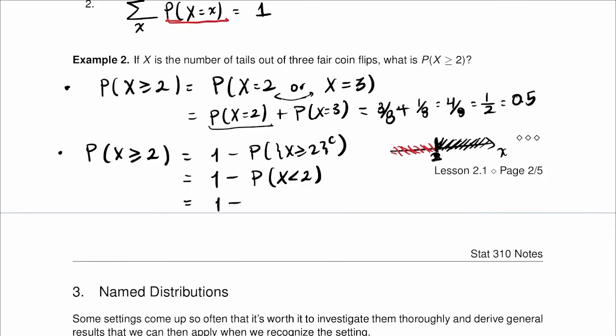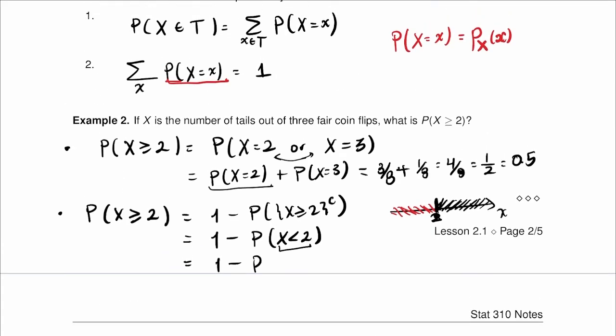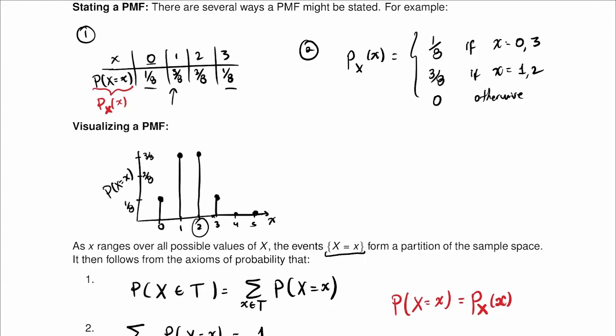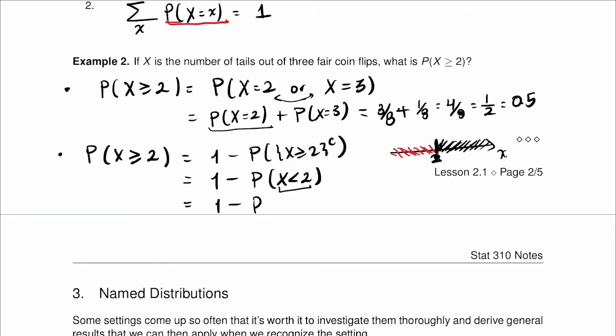When we have X less than 2, in this case we are using just discrete numbers. So less than 2 is going to be the number 1 and the number 0. So this is 1 minus the probability of X equal to 1 plus the probability of X equal to 0.